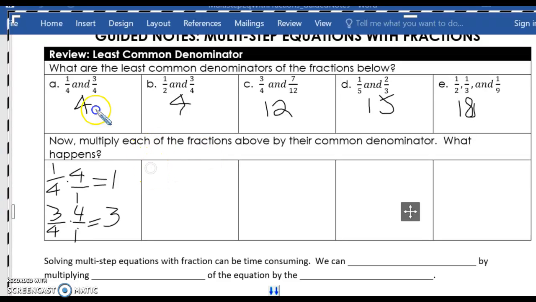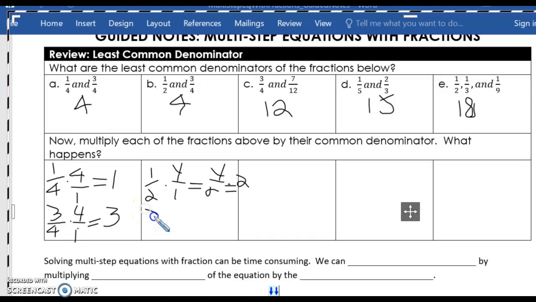Here, if we multiply 1/2 times 4, we get 4/2, which reduces to 2.